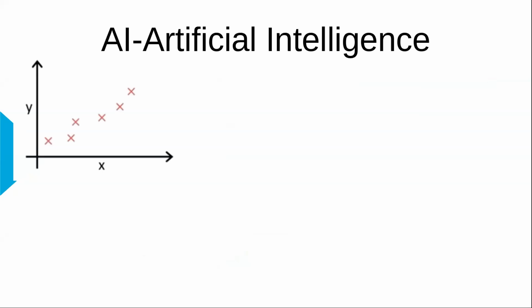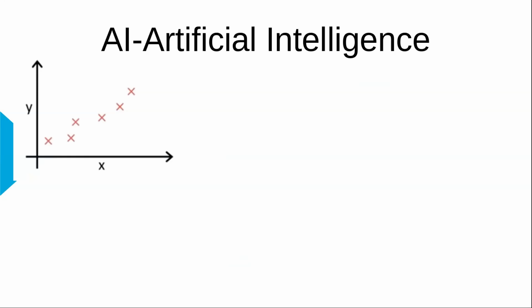Now, in order to understand a few basic and necessary concepts surrounding AI, let us go through a very famous example of linear regression. Let's see this image. As you can see here, it's a random XY plotting of two data points.